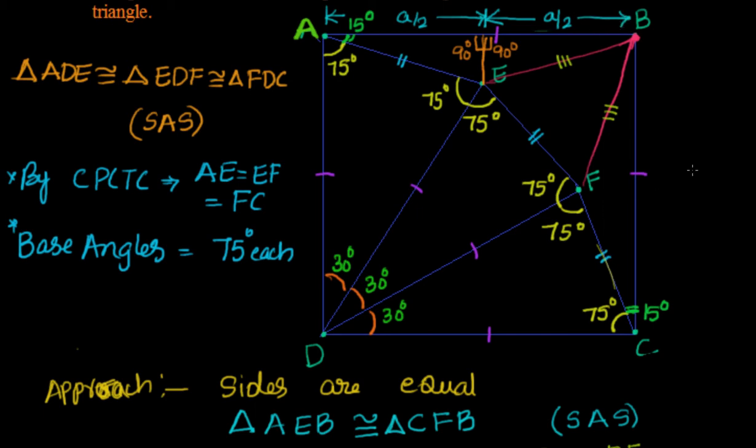If a is the side of the square, then you can see that the lengths are a by 2, a by 2. If you just draw a line parallel at this particular point, you can see that you are making a 30, 60, 90 degree triangle, and sine of 30 is nothing but 1 by 2. So that's equal to a by 2.